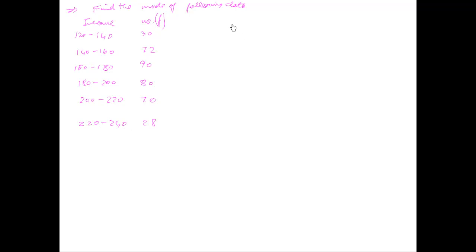Now children, for this we'll draw the histogram again. That's 120 to 140, 140 to 160, 180, 200, 220, and lastly 240. Now children, the highest value we've got is 90, so we need to accommodate that.